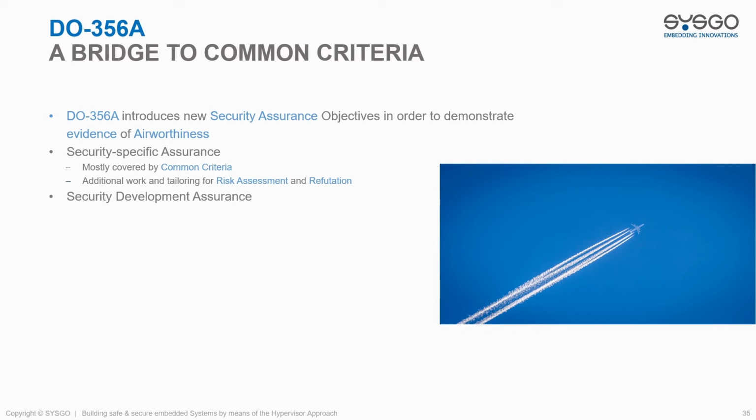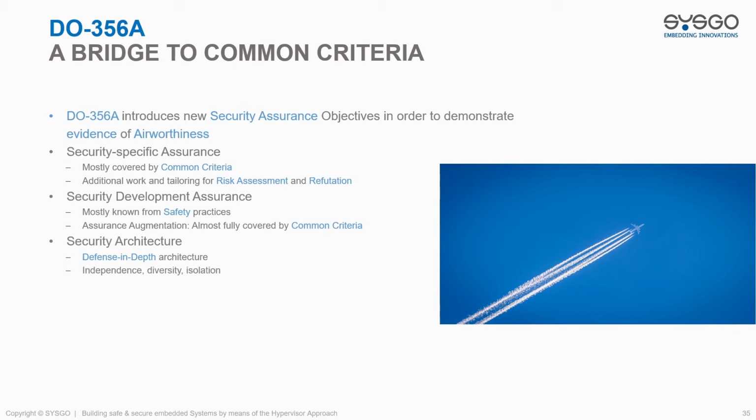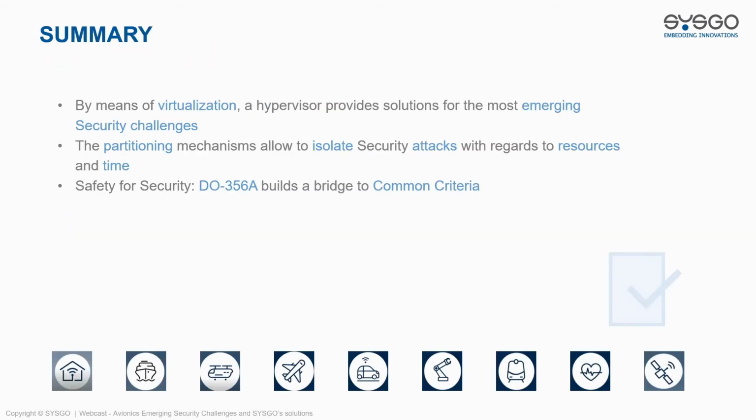The refutation analysis is a bit new, and it helps you to identify vulnerabilities and to plan your penetration tests a little bit more in depth. And finally, the DO-356A standard helps you in setting up a safe defense-in-depth architecture by usage of independence, diversity, and isolation.